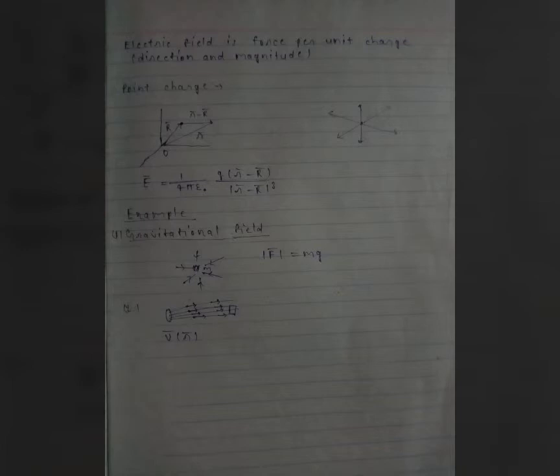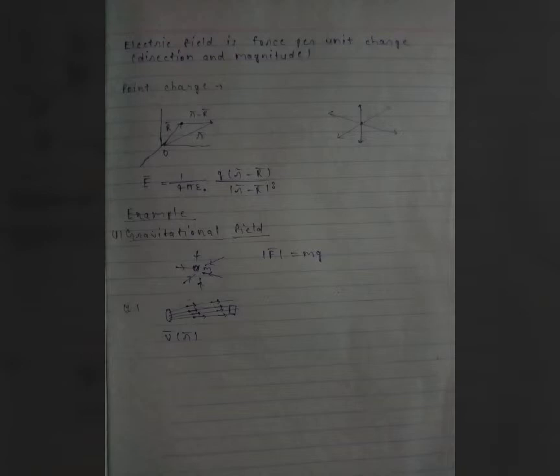This will be the vector from here to here. This will be r minus r prime, and it is going to be q over r minus r prime cubed times r minus r prime. And the way it is going to look, I am going to draw it in a different color, is all these lines, field lines, going away from this point charge. This is how I am going to denote it.